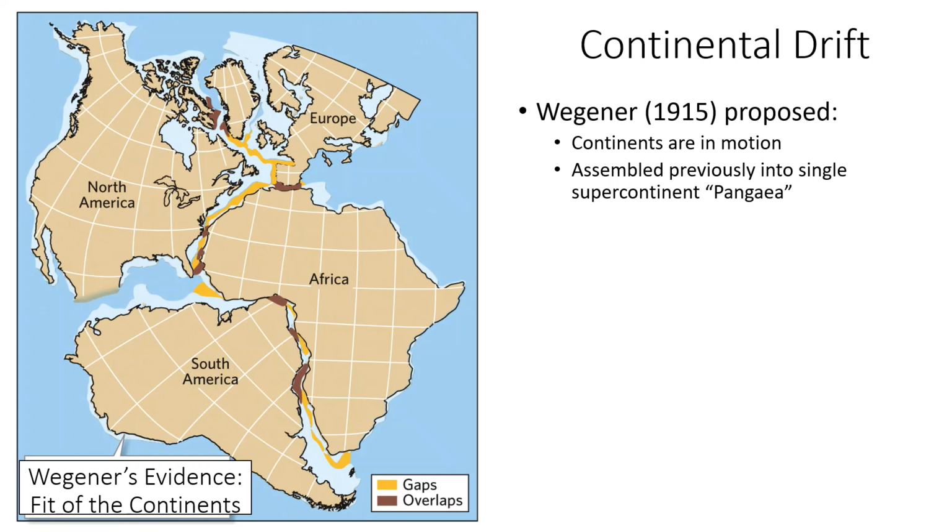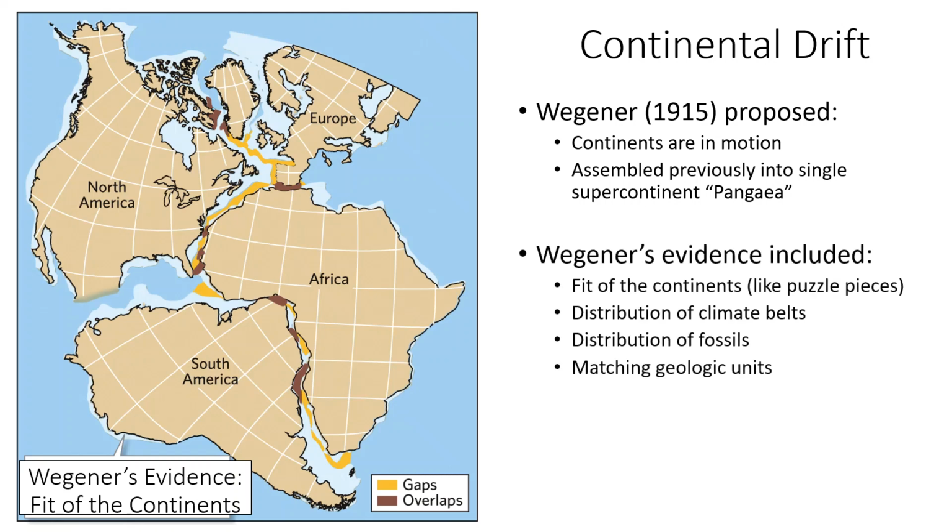So on the left side of your screen, you have a picture of the Pangaea fit, where you've got South America, Africa, North America, and Europe all fitting together to some degree into one continent. So Wegener's evidence included this fit of the continents that seemed to go together like puzzle pieces very well.